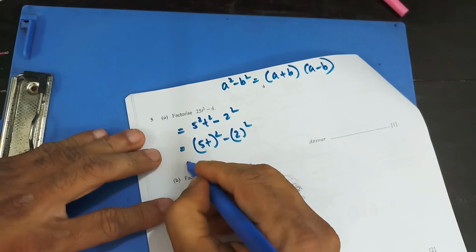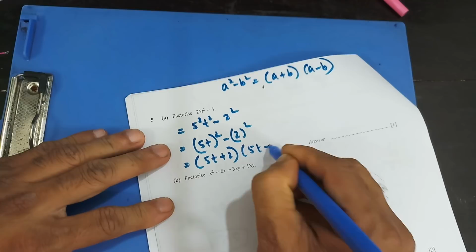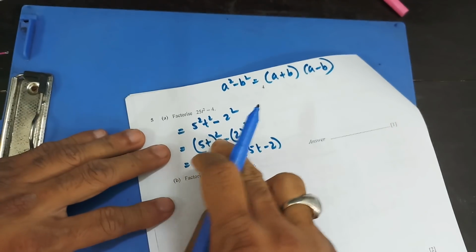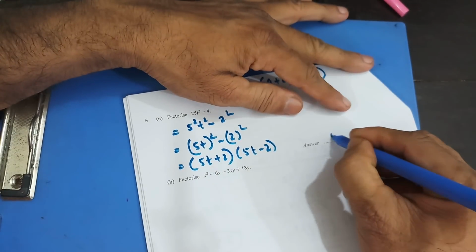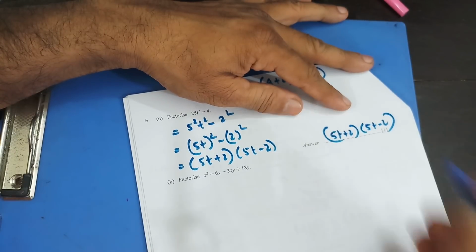It's going to be 5t plus 2, 5t minus 2. So let me write down 5t plus 2, 5t minus 2.